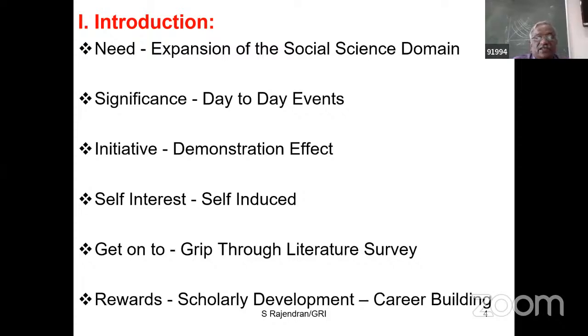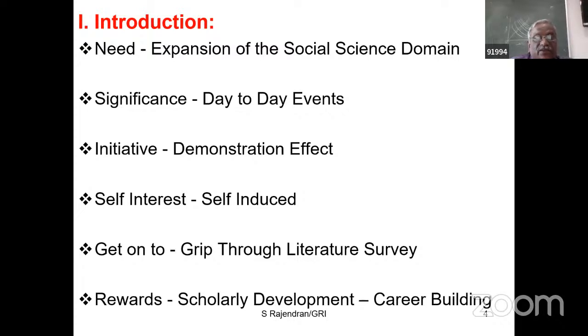Okay, how is it taken up, how can it be molded? There are various efforts, various reasons an individual gets into research. One is the demonstration effect. Suppose anybody's teacher is getting a PhD or PDF or D.Litt, naturally his or her ward is interested in taking up research, what we call in economics the demonstration effect.